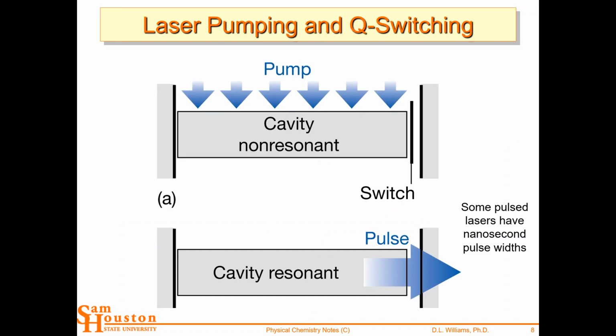And so we're pumping that resonant cavity, and if we want to pulse the laser, we can build up the light and then let it out in bursts. And those are your most powerful lasers. The ones that we had in my research at Oregon State were Q-switched. If there was light that came out that was of the wrong polarization or in the wrong direction, it would leave the resonant cavity.